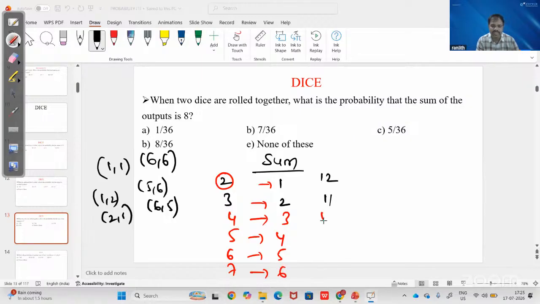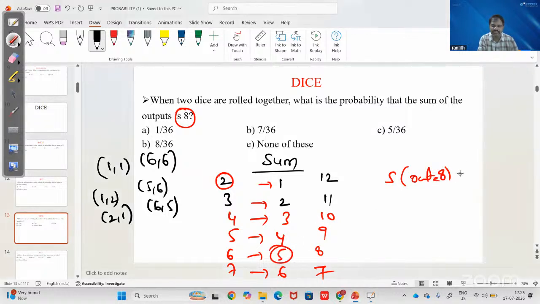Here also 10, 9, 8, 7. Sum of output is 8. How many possible cases we are having? 8 will be equal to 5. So that is 5 out of 36.